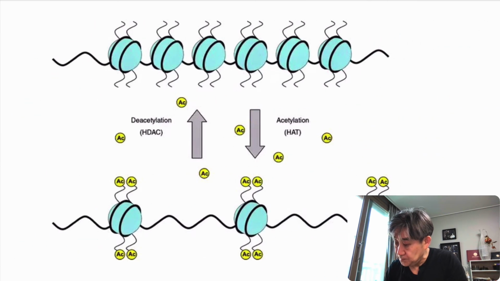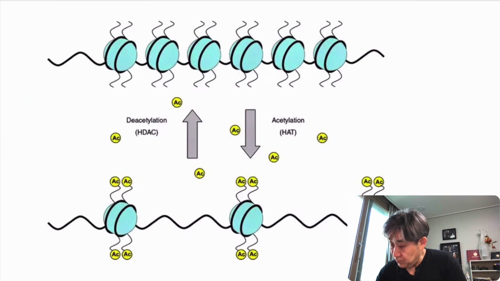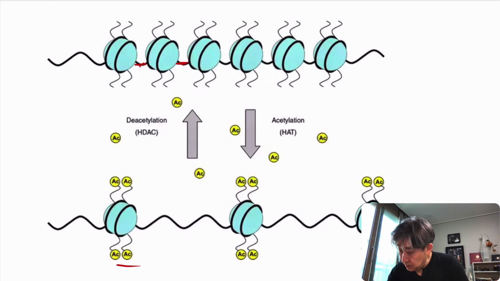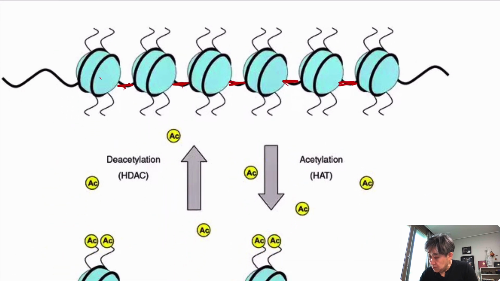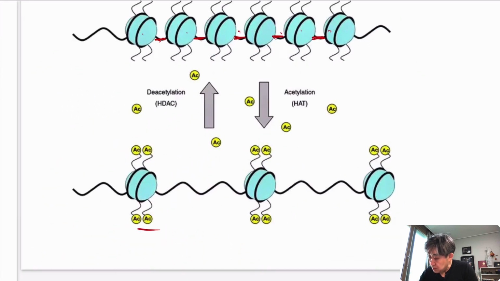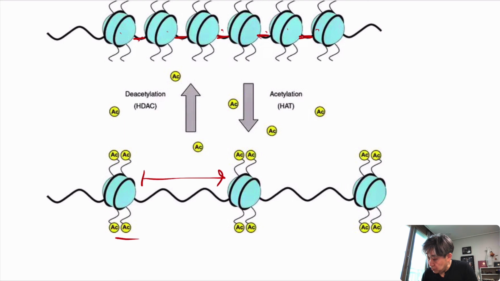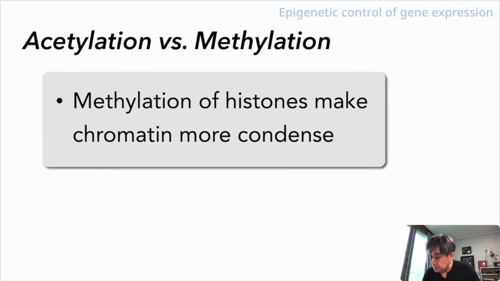activated. If you have an acetyl group attached, then suddenly the average distance among different nucleosomes, like here, will be larger.